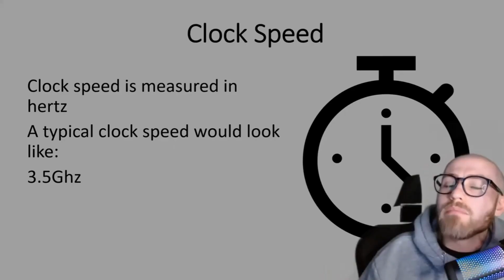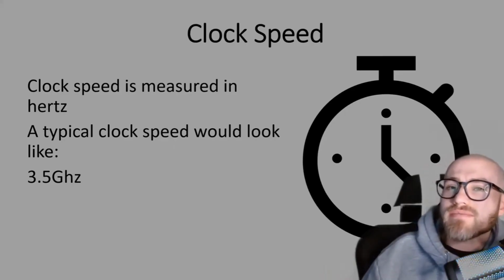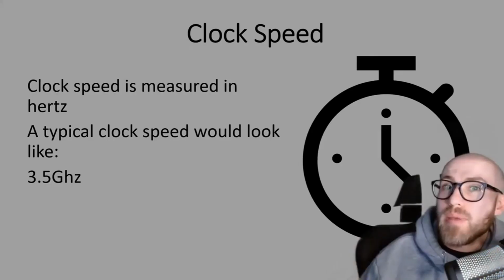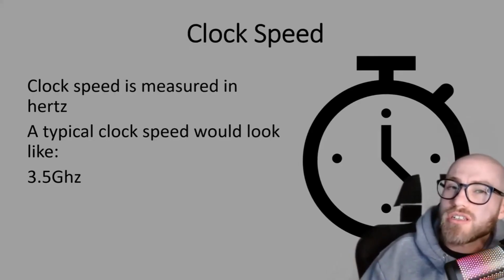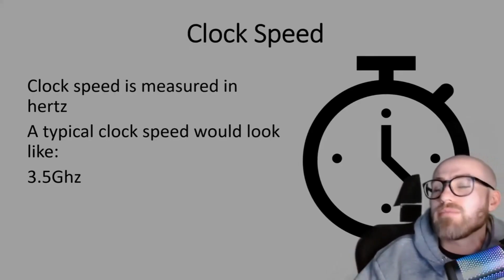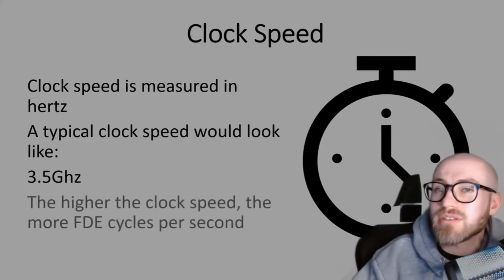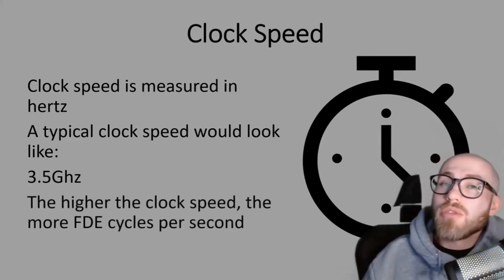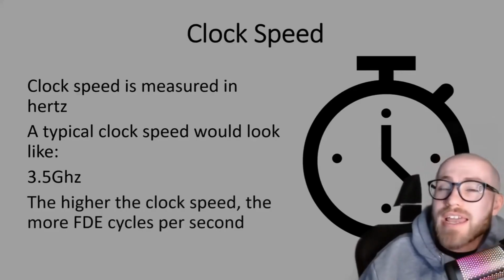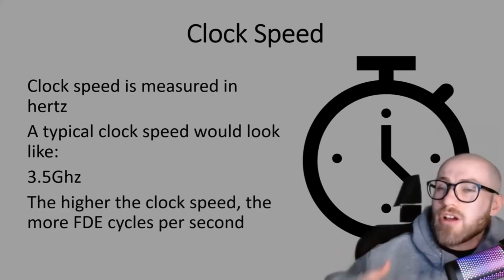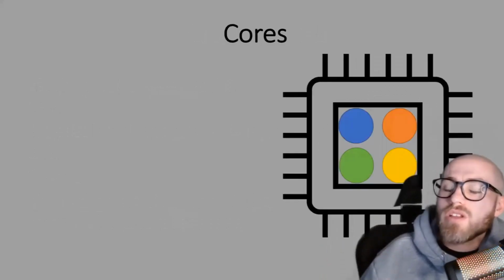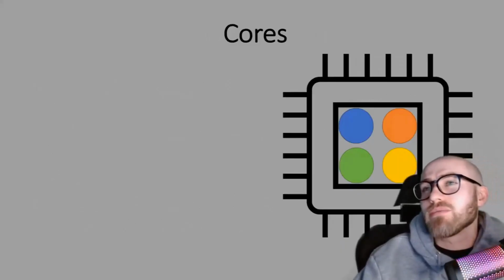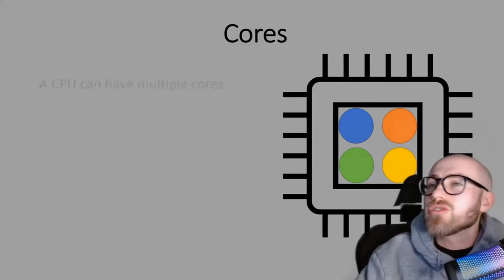What that actually means is 3.5 billion instructions per second. Per second is actually really important. So the higher that clock speed, the more FDE cycles per second you would be able to carry out.